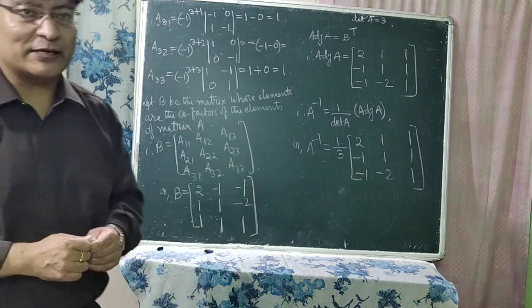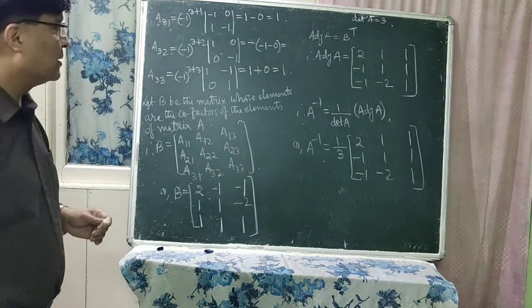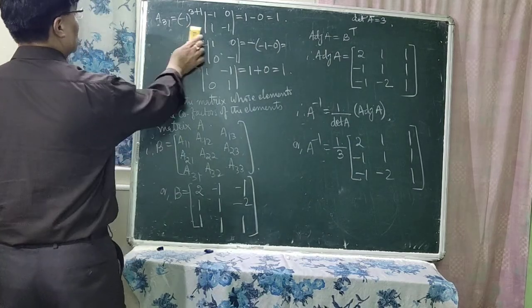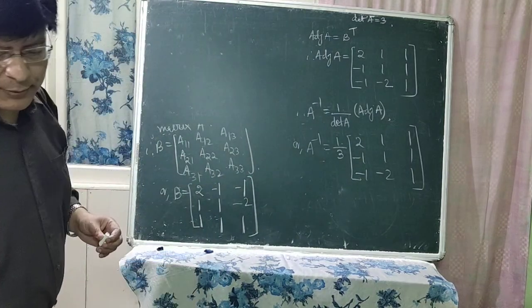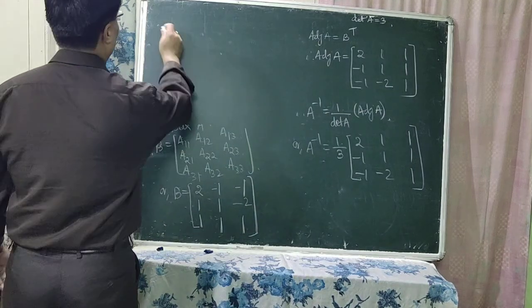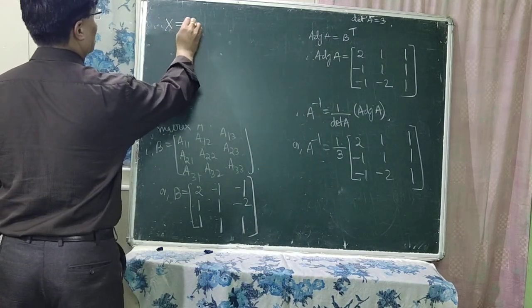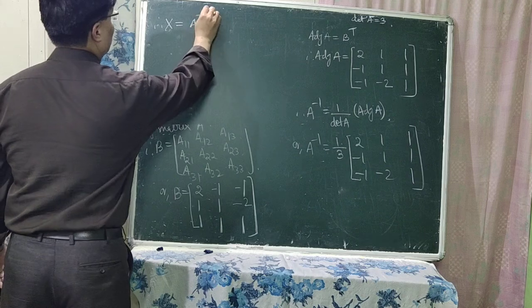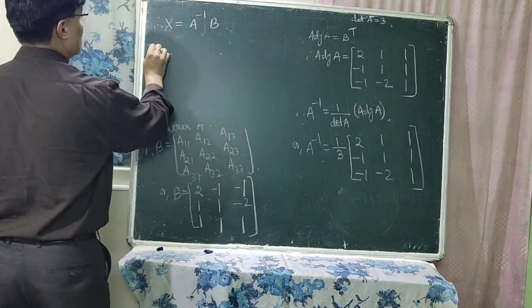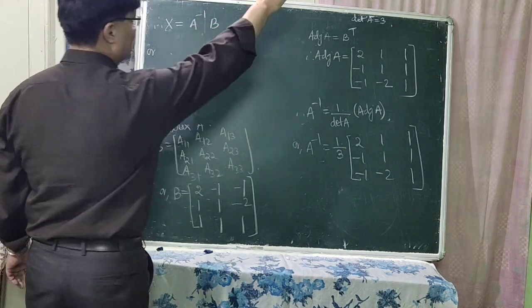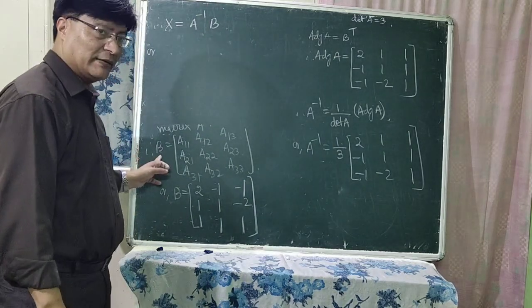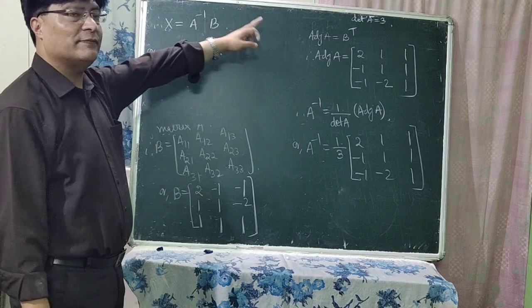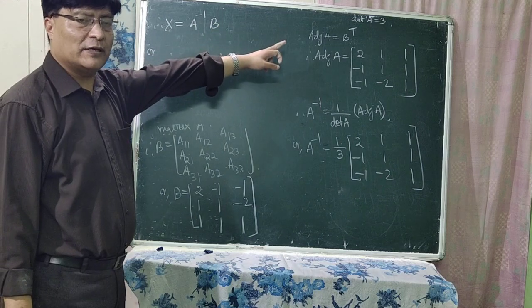Now we have to find out the matrix capital X. So let us find out the matrix capital X. What was capital X actually? Here capital X was A inverse B. This B is the given matrix from the equation, not the matrix B we found earlier. This matrix B is given in the question.